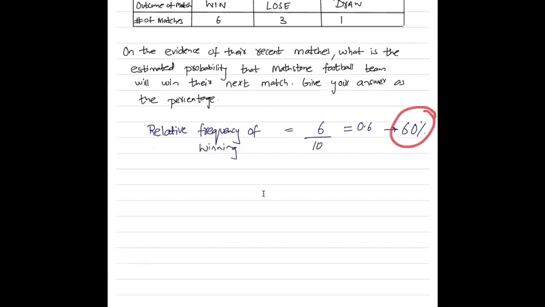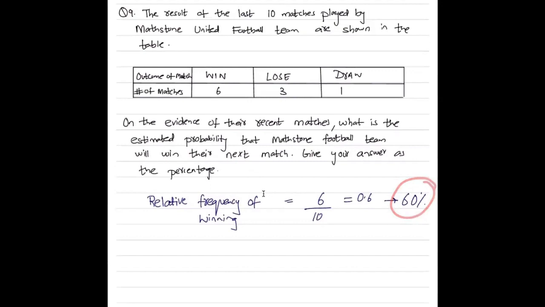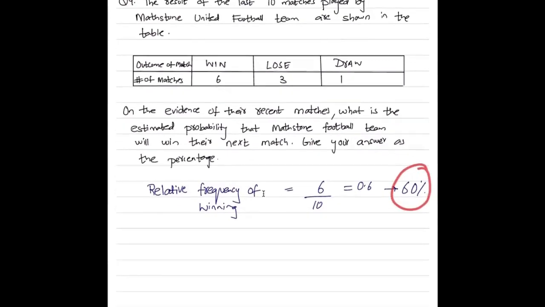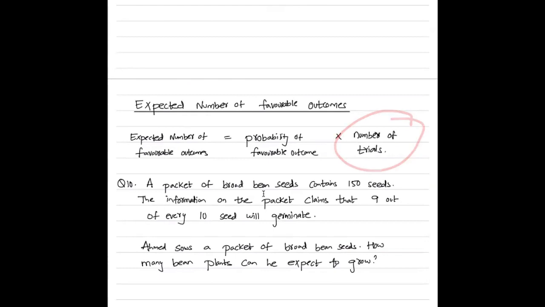So for example, if there is a 60% chance that this team is going to win in one match, you can multiply by the number of trials to get the expected number of favorable outcomes.